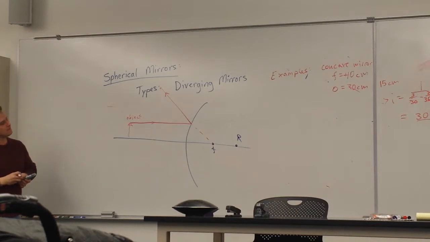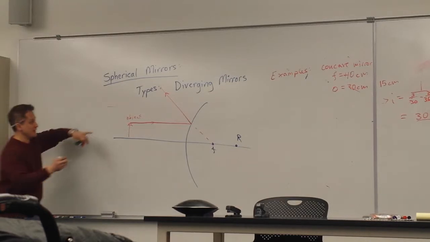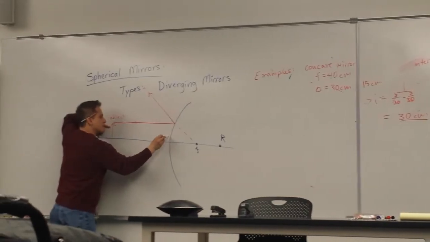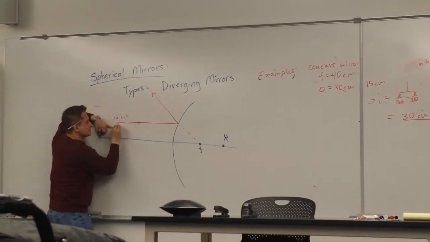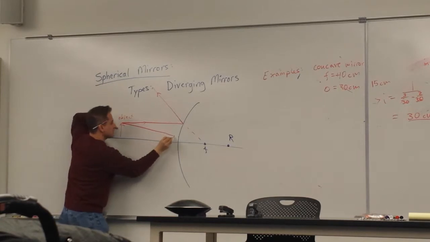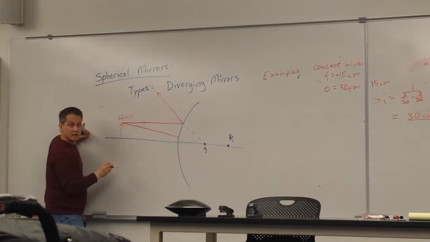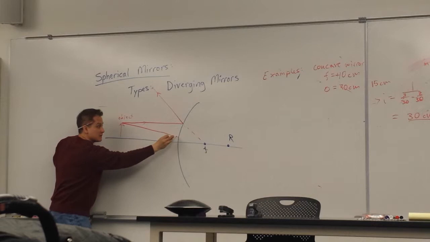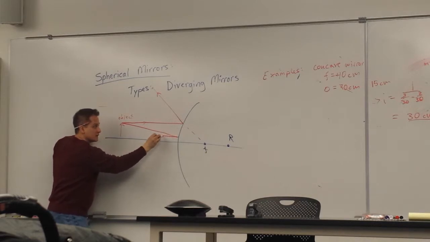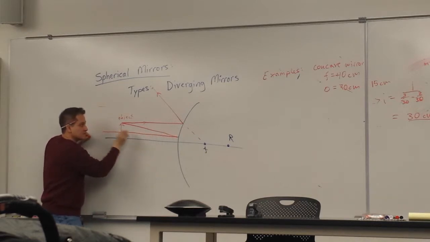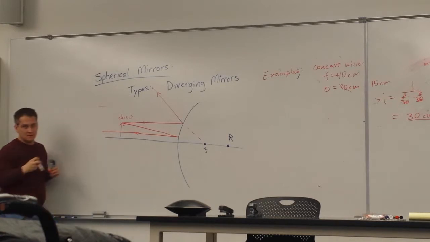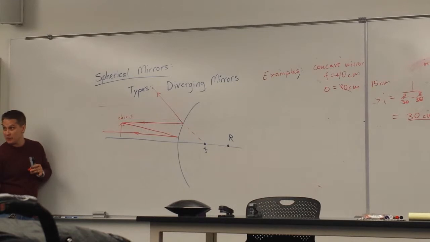I like the caveman. Okay, so now what's the second principal ray? Through the focal point, right? Problem is, to get to the focal point, it's probably going to do something like that if it could continue on. But once it gets here, it's going to come out this way. And the third ray, actually, we could do any number of rays here.